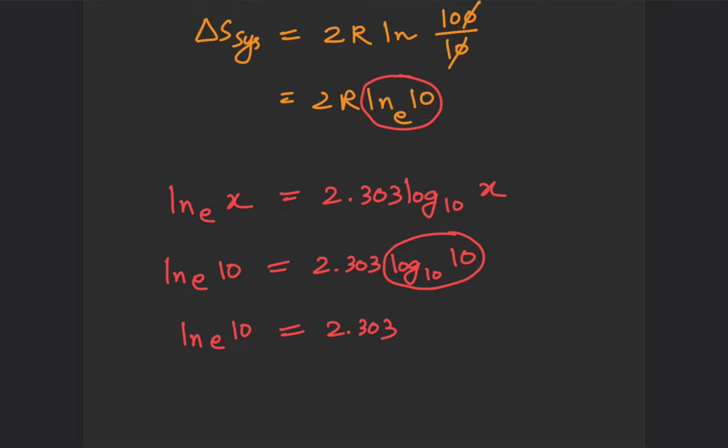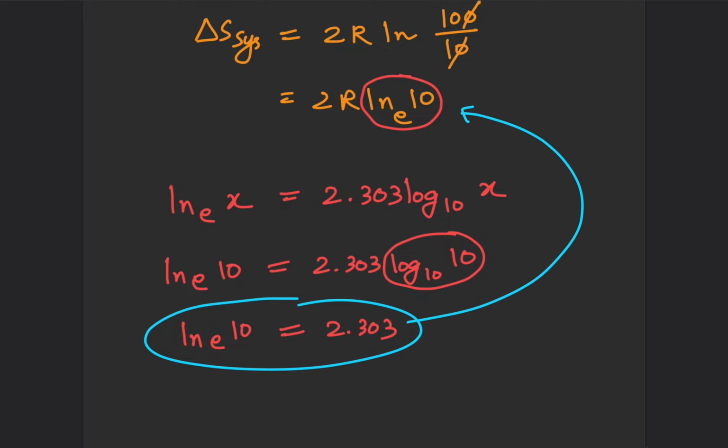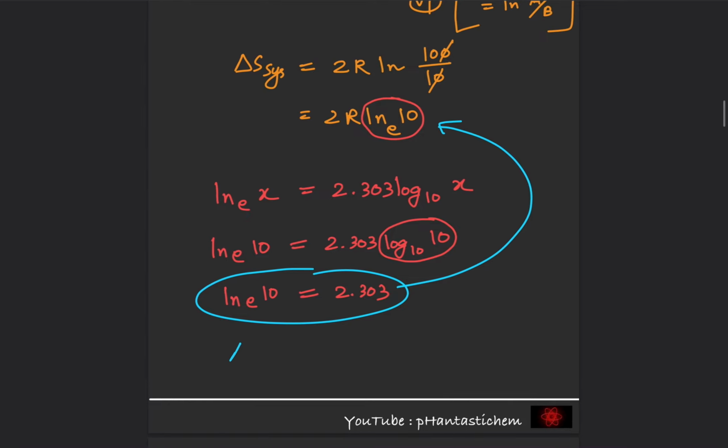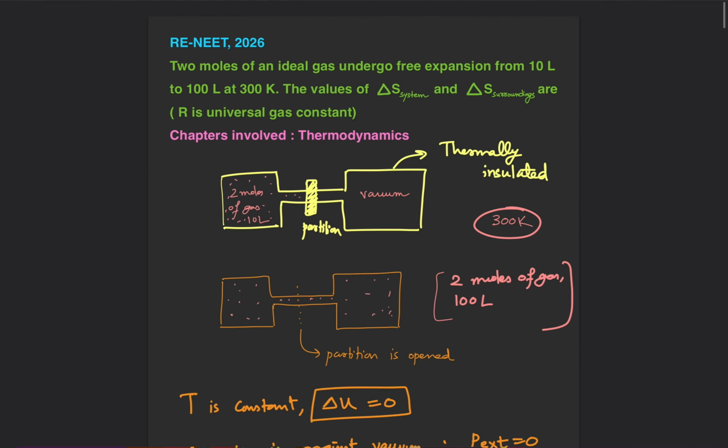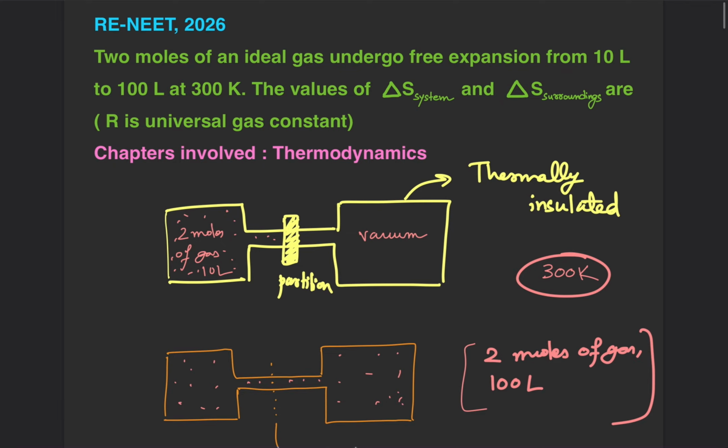I can insert this value here. Therefore delta S system will be equal to 2R into 2.303, which is equal to 4.606 R. So the final answer is: the value of delta S system is 4.606 R, and delta S surroundings is 0. Thank you.